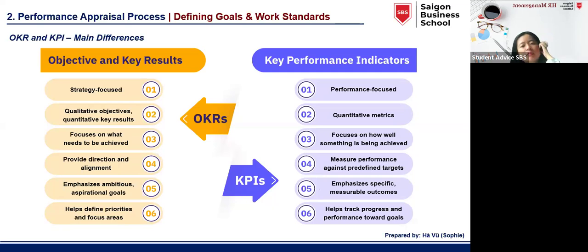So I will give you an example of how OKR and KPI can work together. If a company sets an OKR to increase the website traffic by 20% in the next quarter, they might track KPIs like website visits and page views to measure progress.